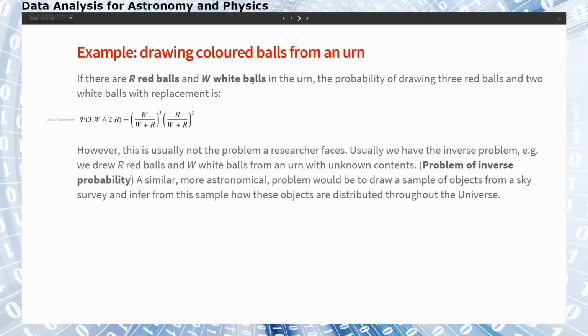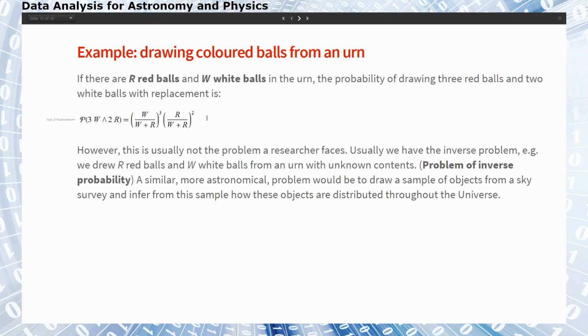If we draw with replacement, the probability is W over W plus R to the power of 3. W plus R is the total number of balls. W is the number of white balls, times R divided by W plus R to the power of 2.